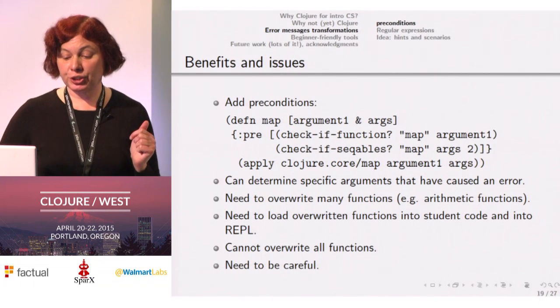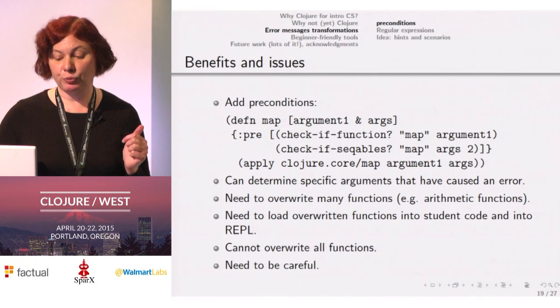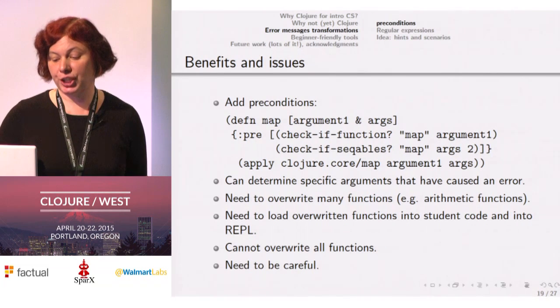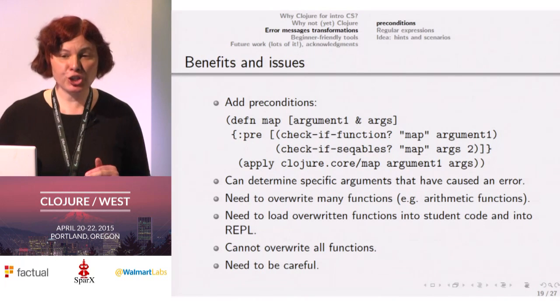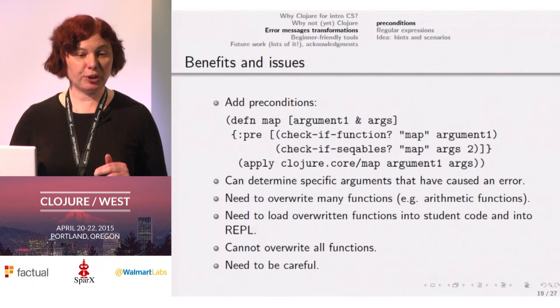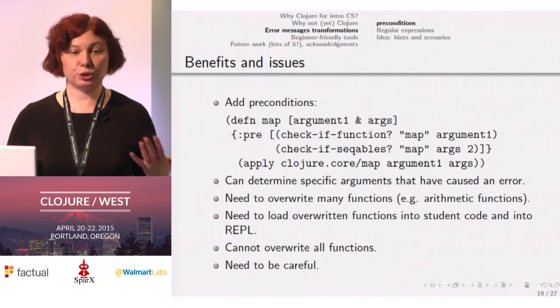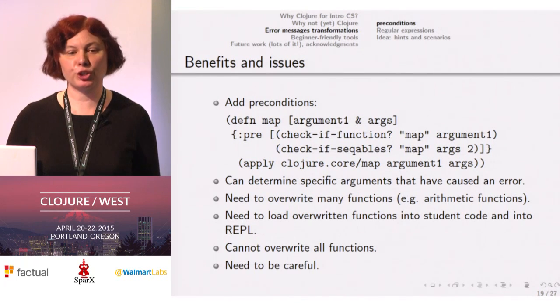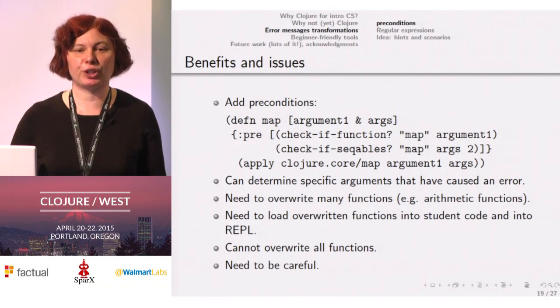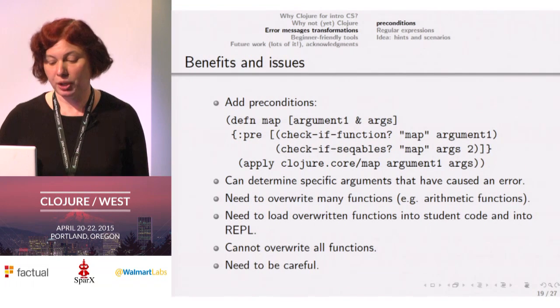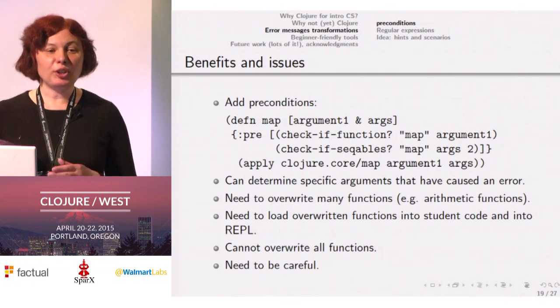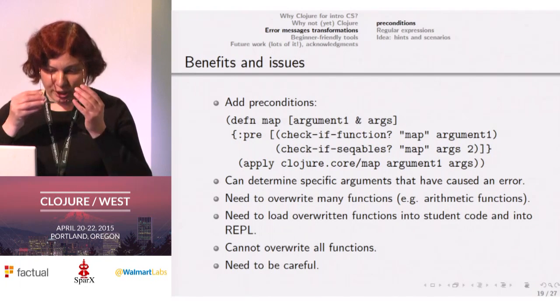And if the preconditions pass, then we just apply the standard clojure.core map to its arguments. That generates a bunch of warnings, because generally you're not supposed to override standard Clojure functions. So we need to deal with that somewhere in our system and just swallow those and not show them to students, because they'll freak out. But that's a minor point. There are bigger issues.